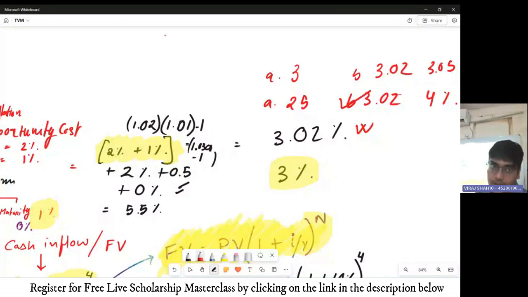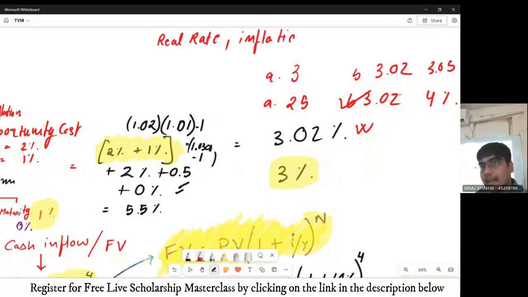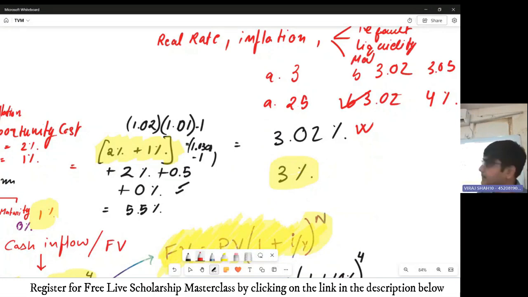Either they give you the real rate, they give you inflation, and they give you 3 risk premiums, which are default, liquidity, and maturity. They give you these 3 risk premiums. If they give you all 5, you need to simply sum all 5 up.